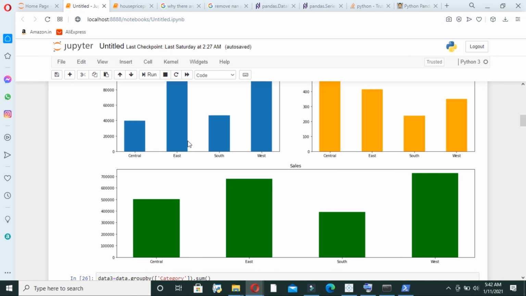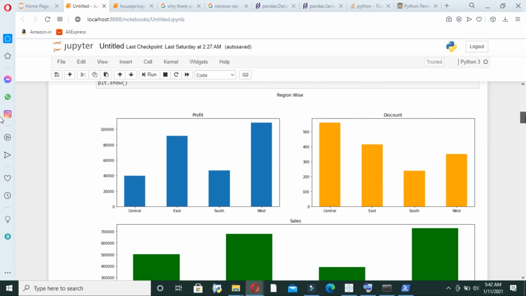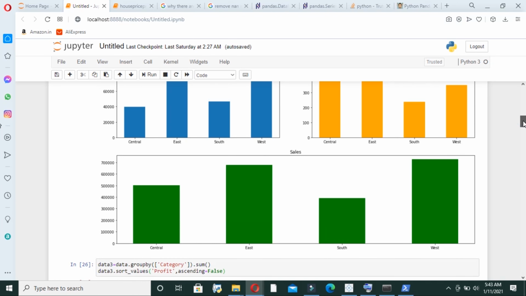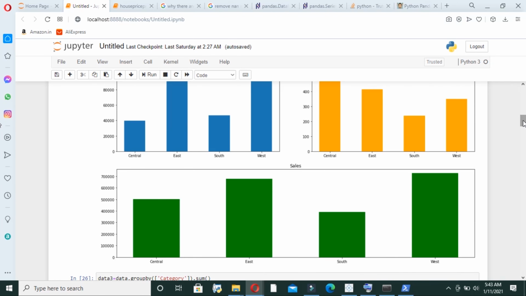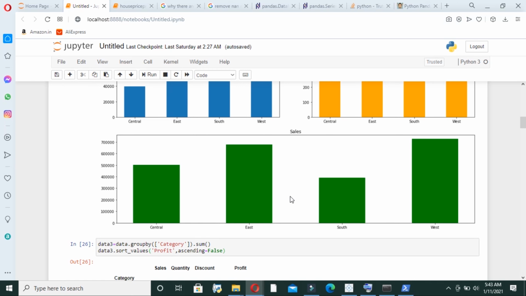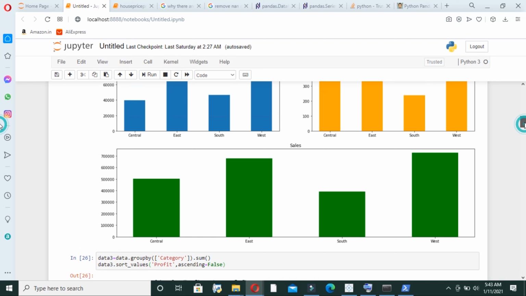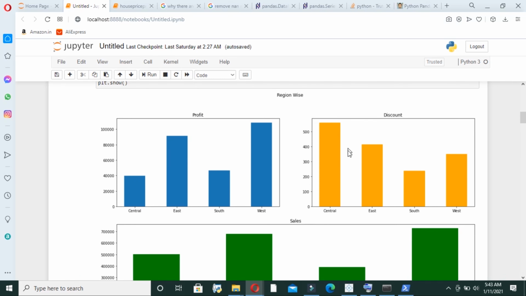However, one interesting thing to note here is that the sales in the south region are lesser than the central region, but the profit earned from the south region is more than the central region. And you cannot see any direct relation between the discounts and the sales, because the sales in the central region are less, and the discount on the products in the central region was the most.